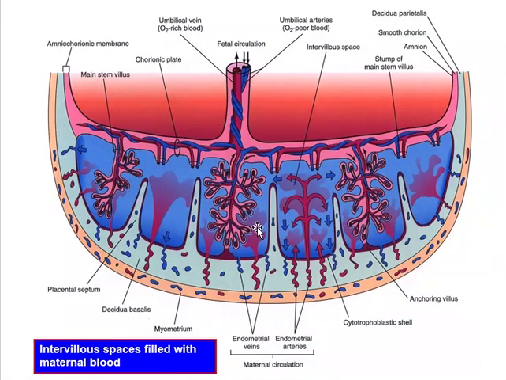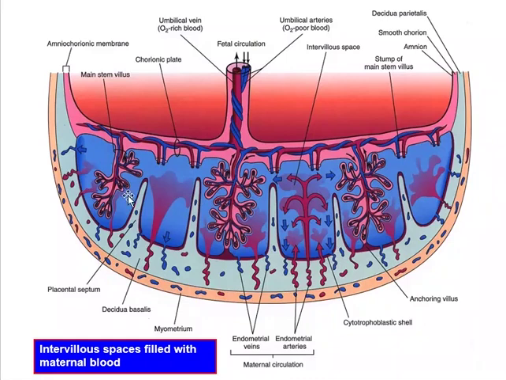So the maternal blood here is surrounding the villi right there, and from which here the spiral arteries finally enter the cotyledons for nourishment of the embryo, while the venous return from the umbilical artery reaches this area and again moves to the maternal venous side.